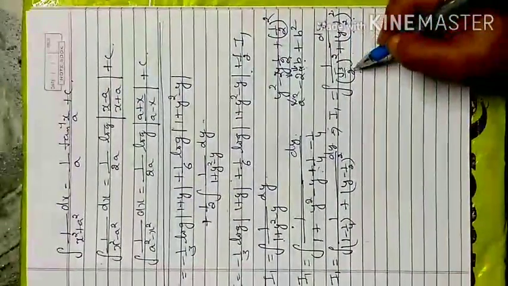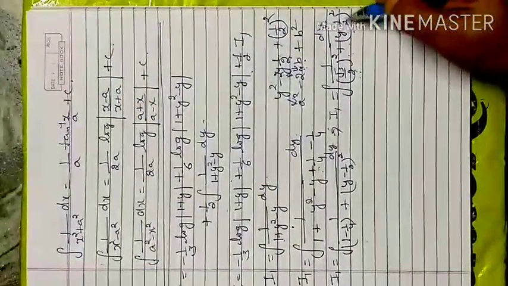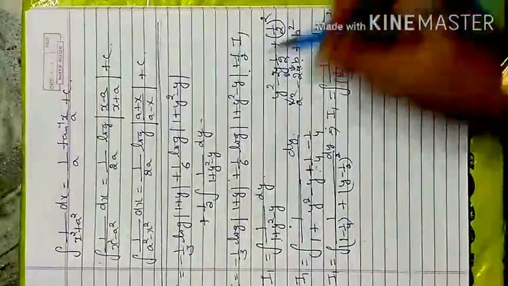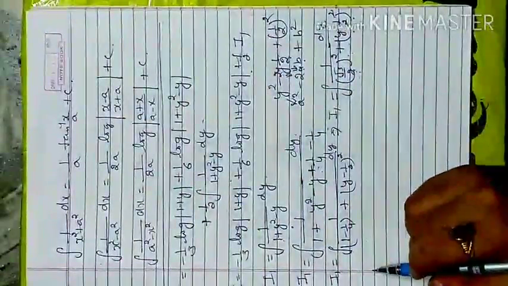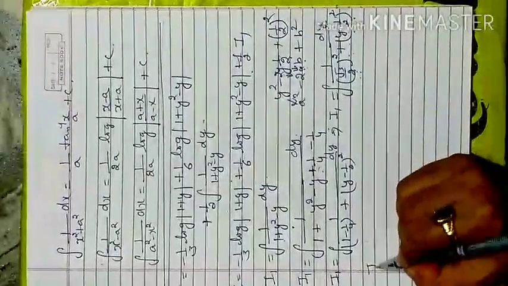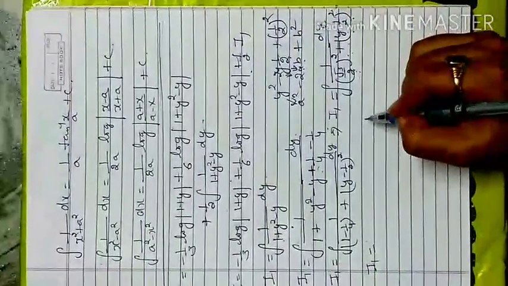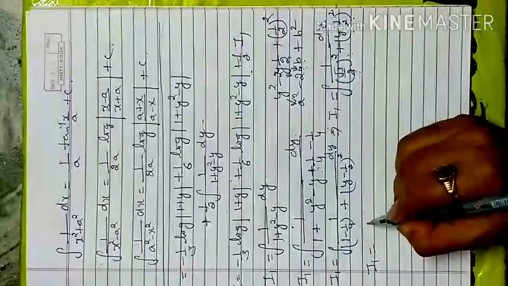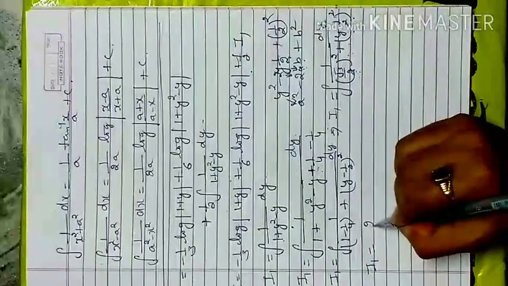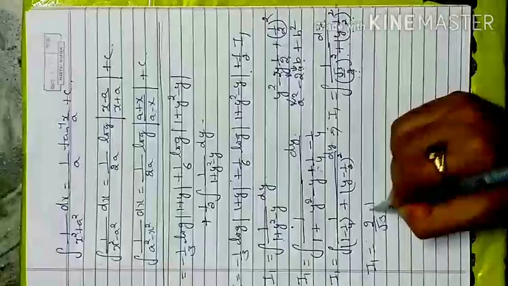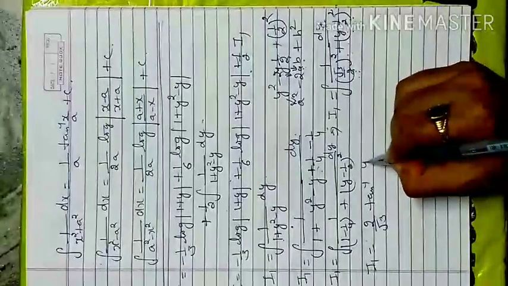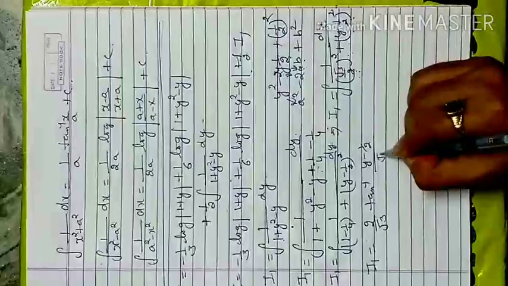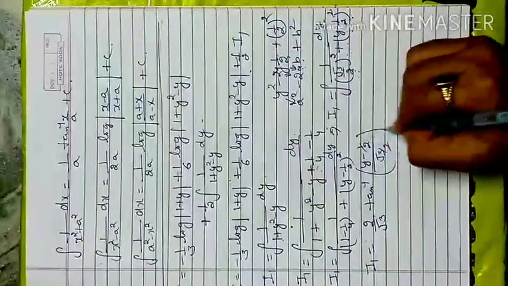So here we have 1 upon root 3 by 2 whole square plus y minus 1 by 2 whole square. This is the x term, this is the a term. So we apply the formula 1 by a tan inverse x by a. Ultimately my I1 value is, in place of a there is root 3 by 2. So 1 by a, the reciprocal, I can directly write 2 by root 3 tan inverse of y minus 1 by 2 upon the a value, root 3 by 2, plus c.